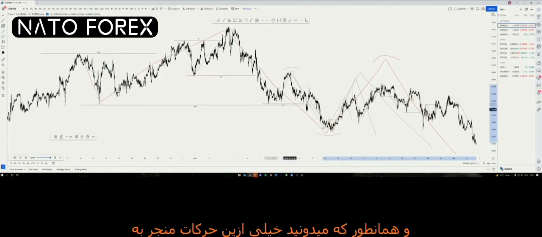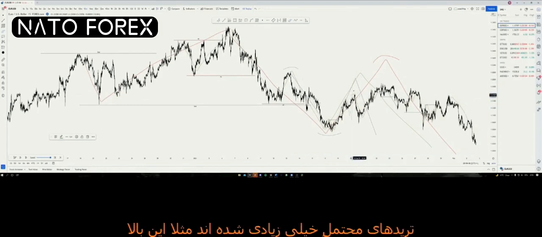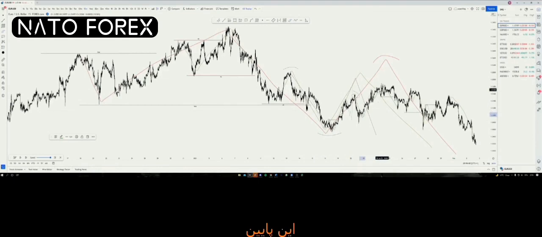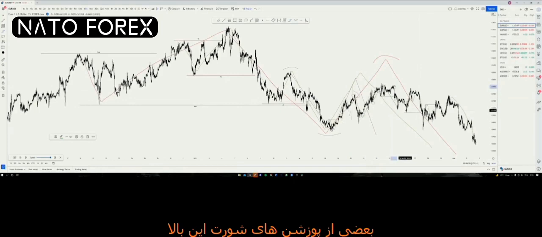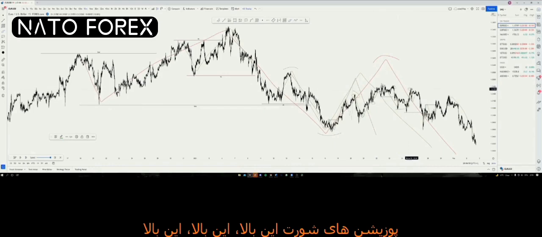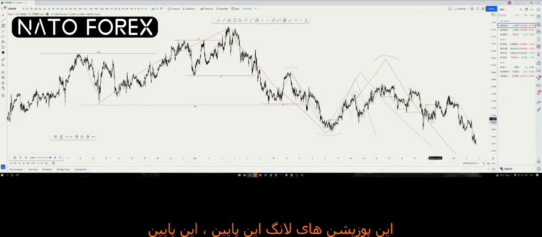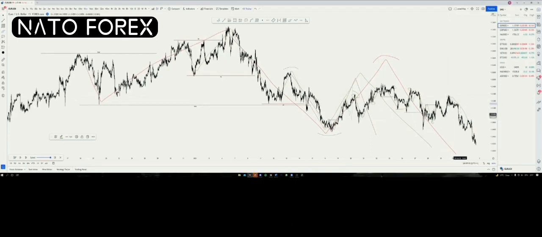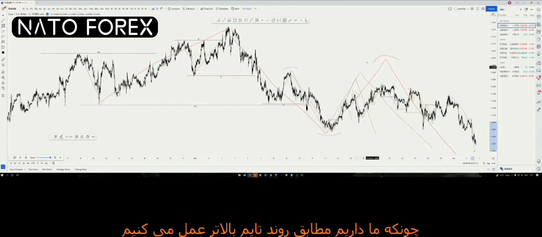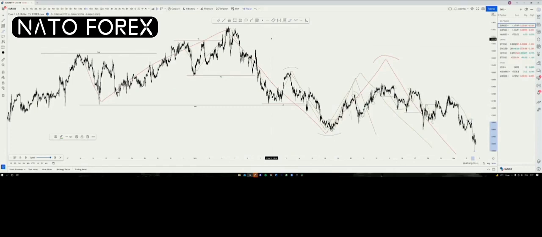A lot of them line up with really, really high probability trades, like up here, down here, some of these continuations in here, these shorts up here, these longs after the break of structure here, these shorts up here, up here, up here, these longs from down here, potentially scales in here and here, shorts from up here, up here, up here, shorts from here. All of this makes sense because we're playing that overall structural play.